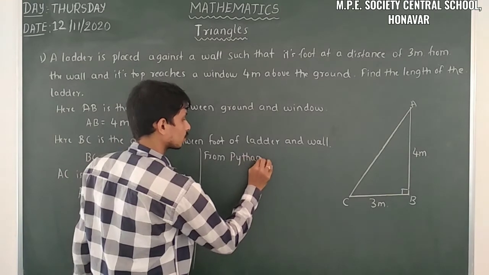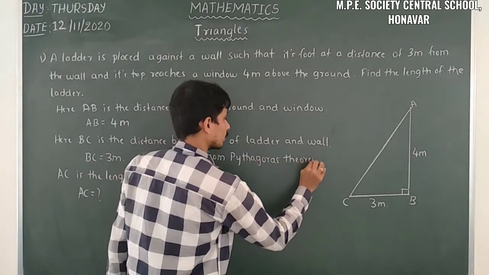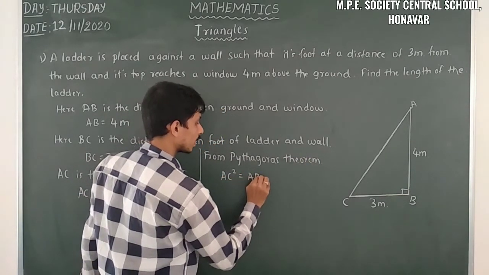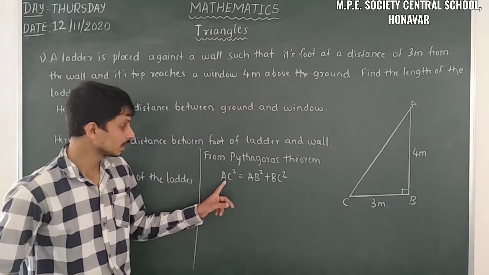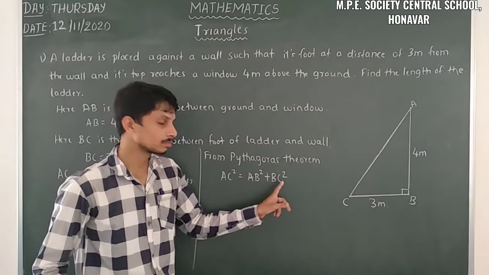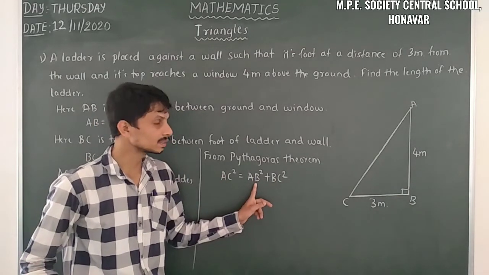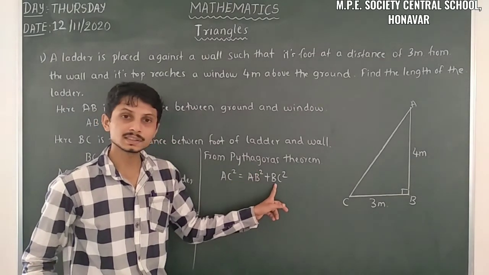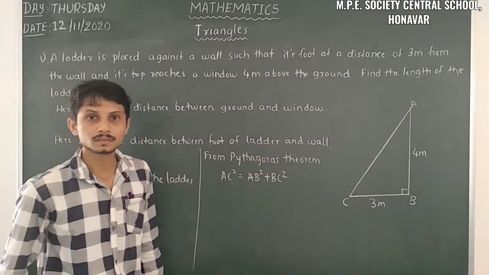From Pythagoras theorem, we can write AC square is equal to AB square plus BC square. We already proved this one. Here AC is the length of the ladder, AB is the distance between the ground and the window, and BC is the distance between the foot of the ladder and the wall.